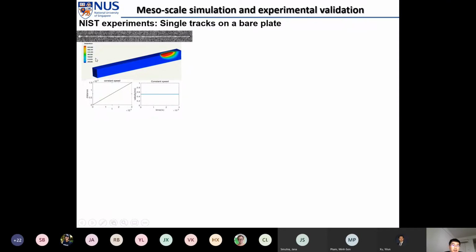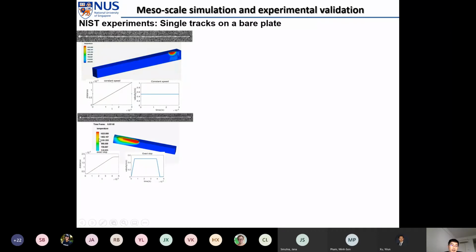This case we call the constant speed case. It is like they turn on the motor, like the laser scan, first, and then turn on the laser power. So during the laser scanning, the scanning speed is constant.